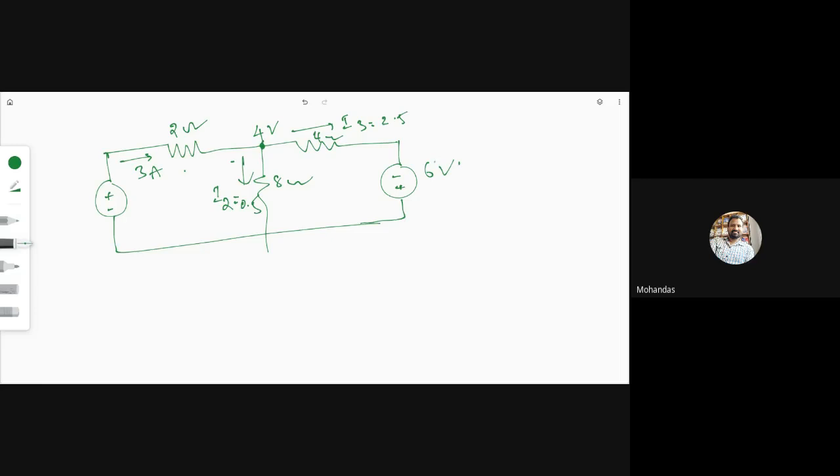Now we have to calculate the voltages across each and every branch. Have you assigned the currents here? What were we asked to calculate?